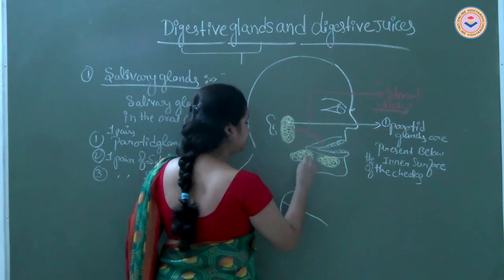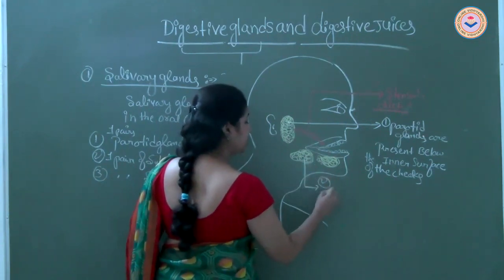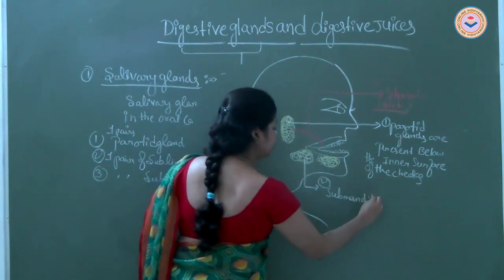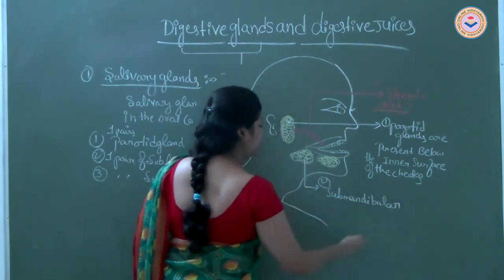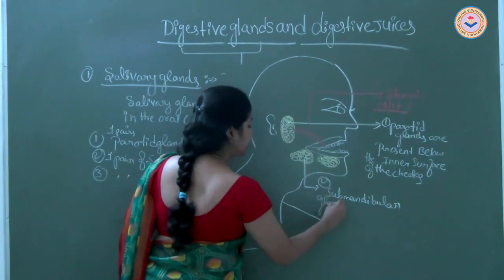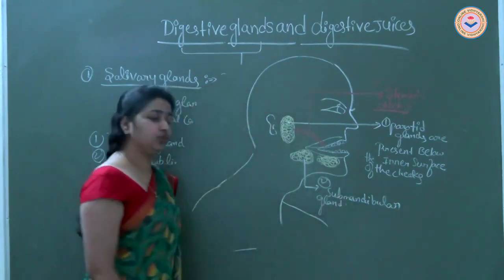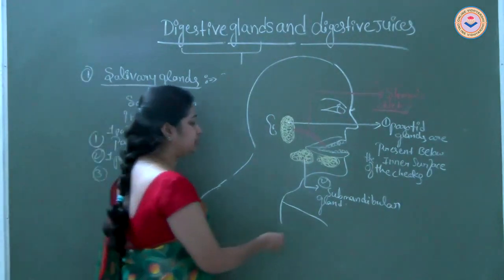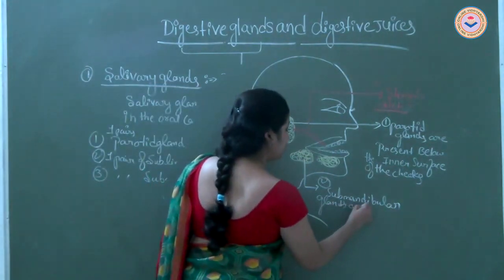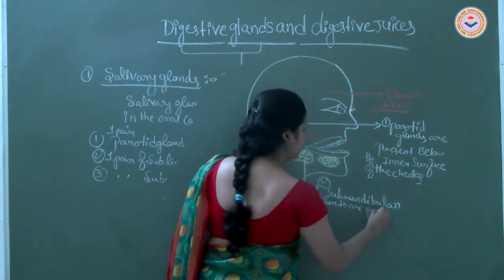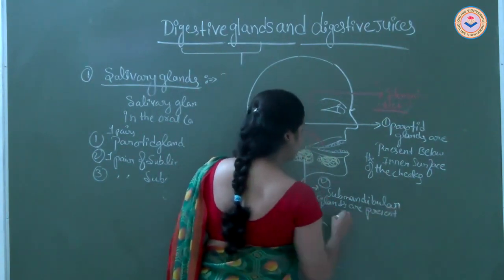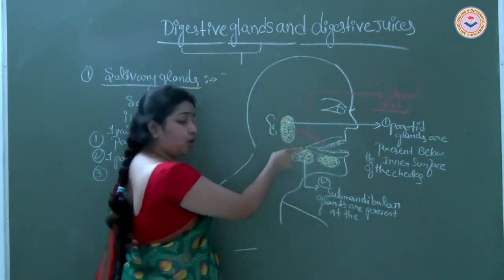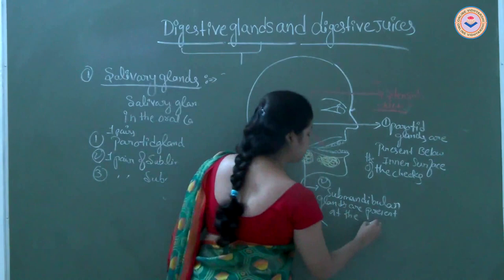The second one is the submandibular gland, also called the submaxillary gland. The one pair of submandibular glands are present at the angle of the lower jaws.